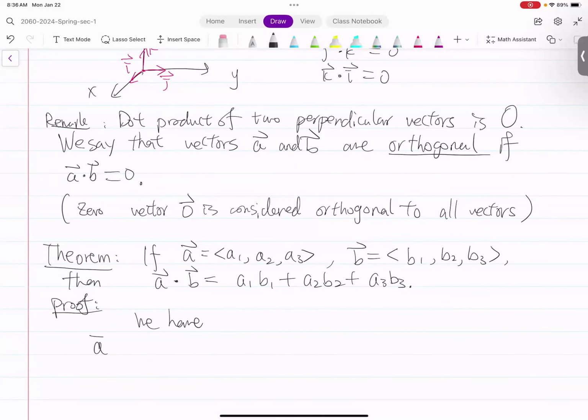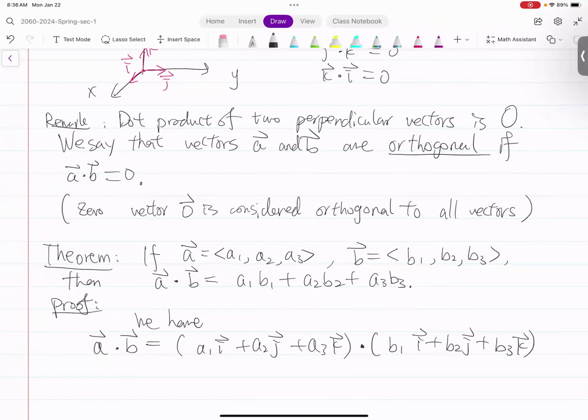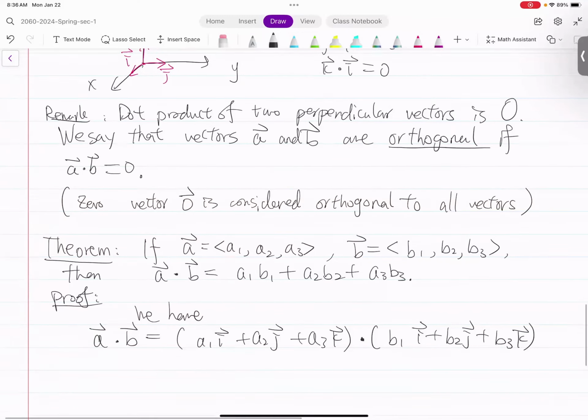So we have A dot B. A is actually A1 I plus A2 J plus A3 K. And for vector B that we're dotting, we put it in brackets also: B1 I plus B2 J plus B3 K. Now you see why we introduced the commutative property of the dot product and also the distributive property.